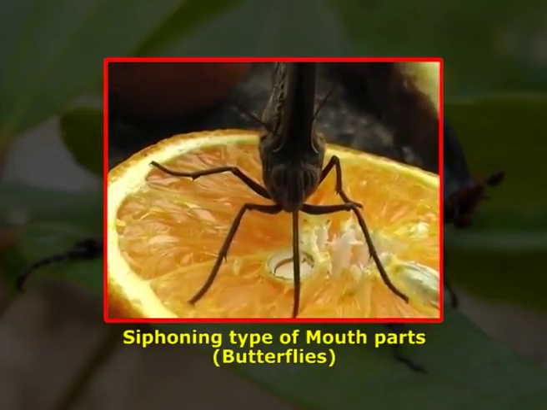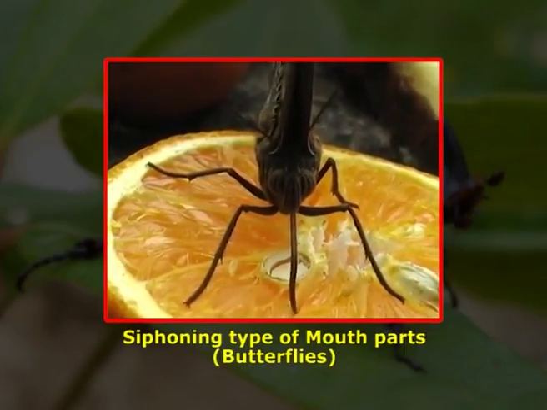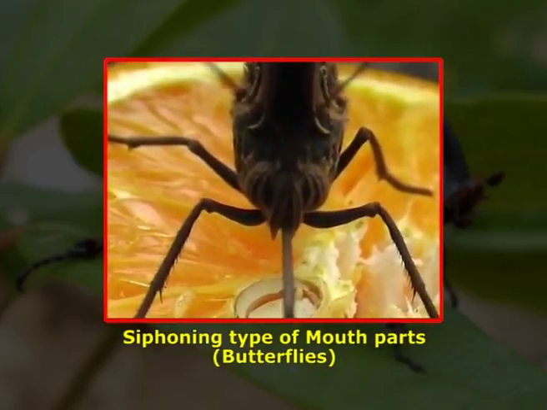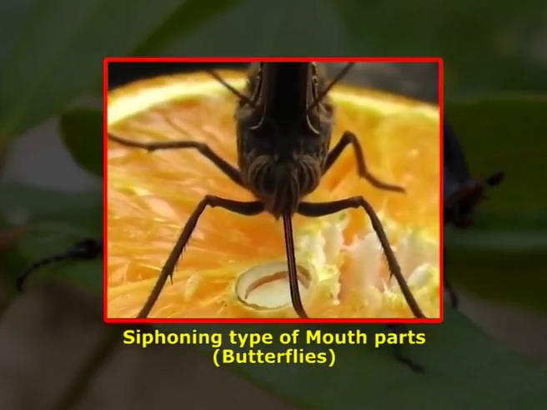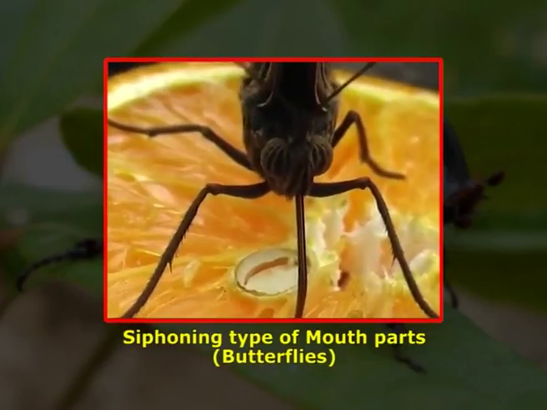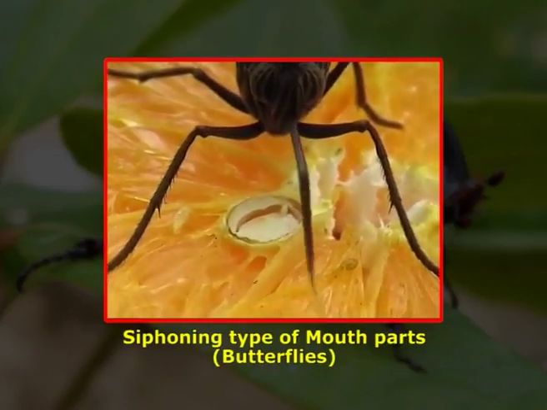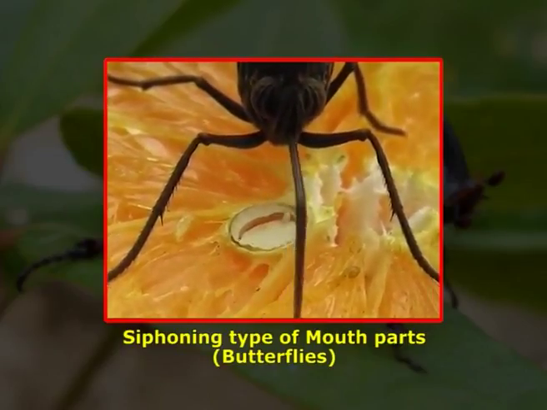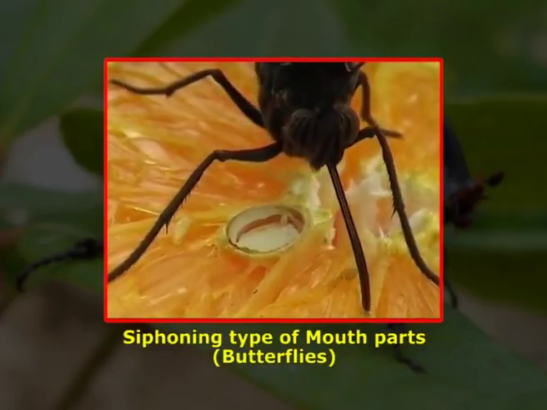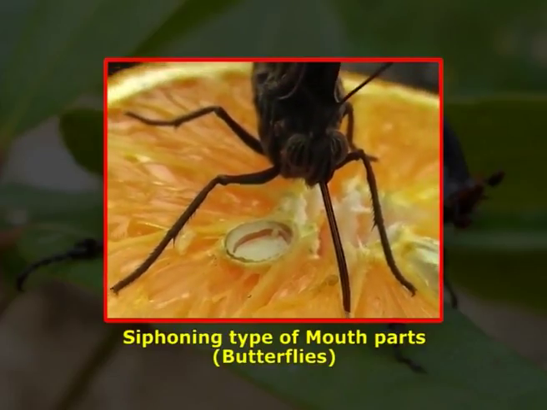Mandibles are totally absent. The labrum and maxillary palpi are reduced. Labium is modified into a small basal plate possessing segmented labial palpi. The food channel is formed by the fusion of both the galea.